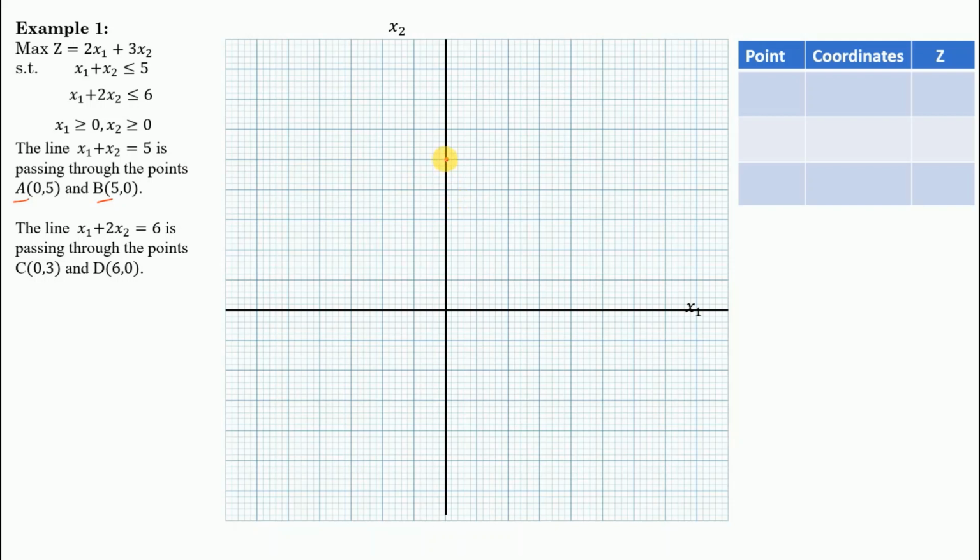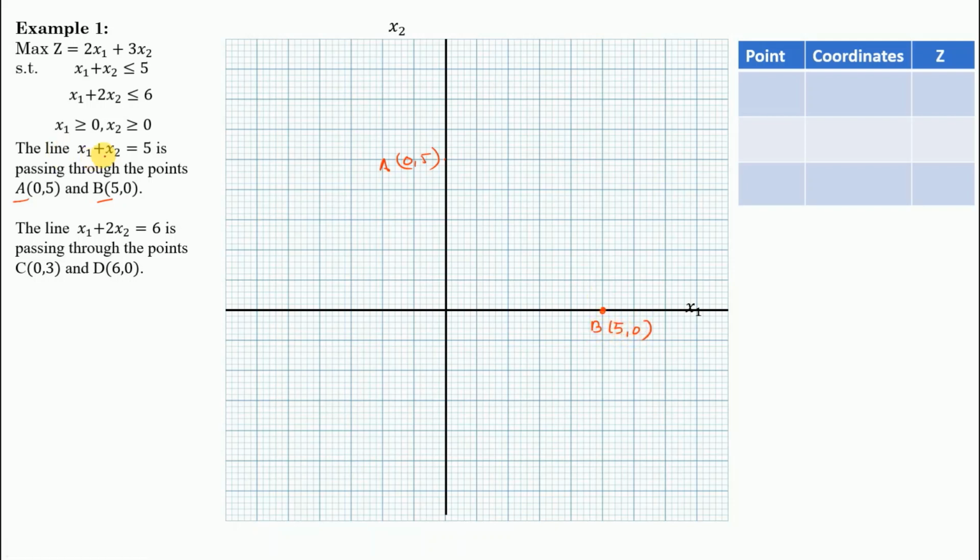So this point is 0, 5, say point A. Next point B is 5, 0: 1, 2, 3, 4, 5.